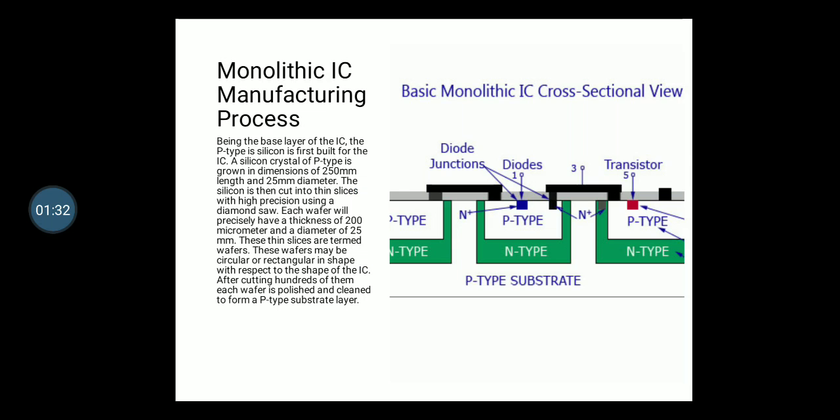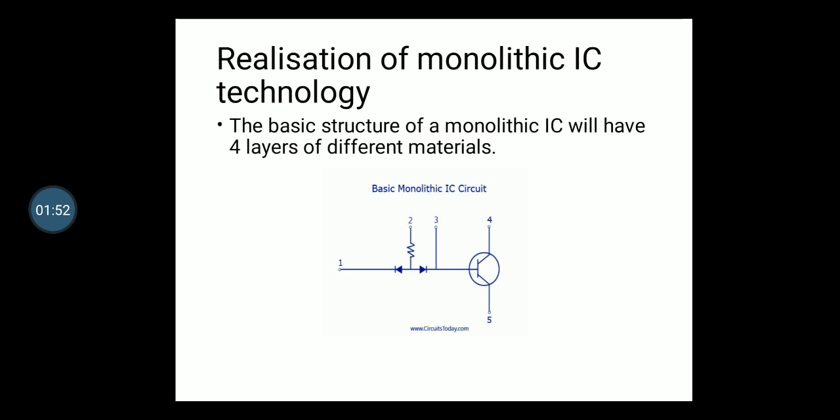Generally, a simple circuit fabricated by silicon planar technology will have the cross-sectional view as shown in the figure. The basic structure of an integrated circuit consists of four distinct layers.